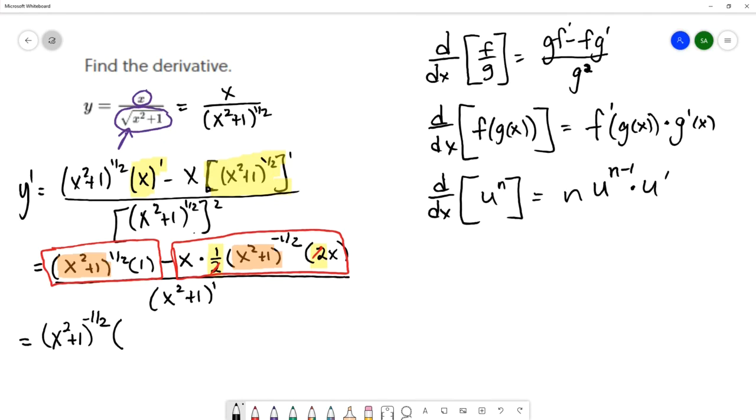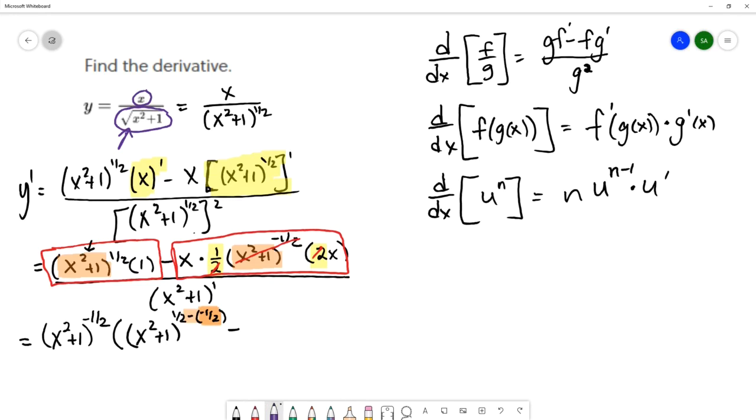If I factor that out of this first term, I'm going to be left with x squared plus 1 to the 1/2 minus negative 1/2 power. I'm factoring out that negative 1/2 power, so that's why I'm taking away that power. And then over here, the x squared plus 1 to the negative 1/2 factors out completely.